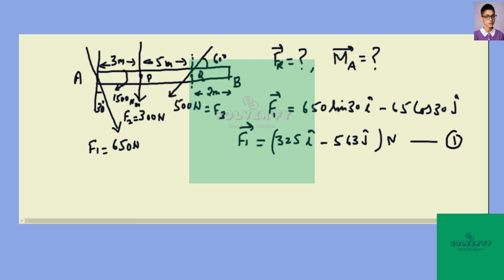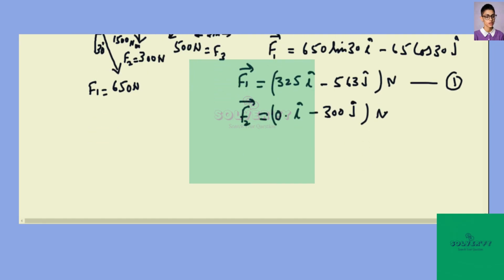Now F2 force is along the negative y-axis, so it can be written as 0 i cap minus 300 j cap Newton. Now we have to resolve the F3 force. So F3 can be written as minus 500 cos 60 i cap minus 500 sin 60 j cap.